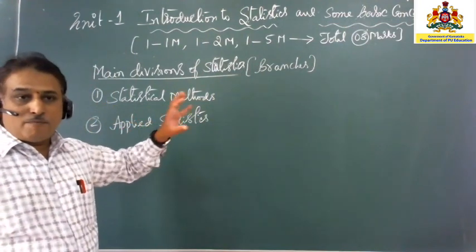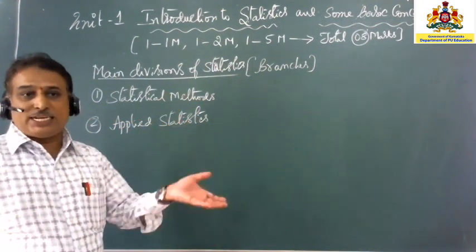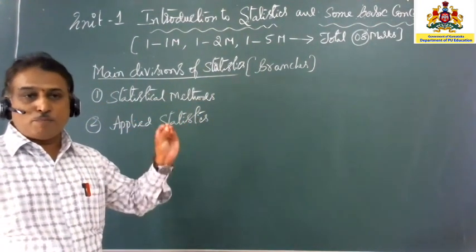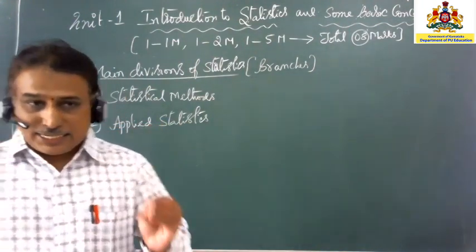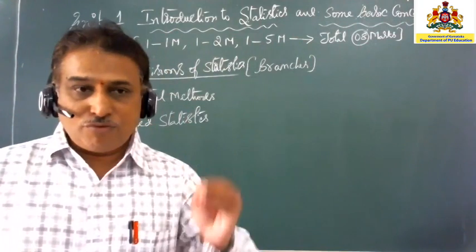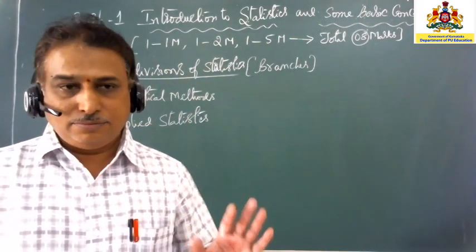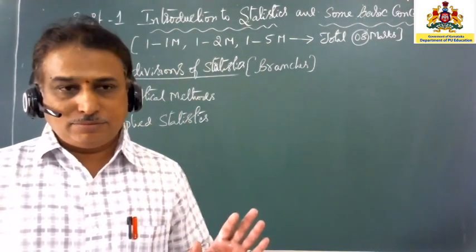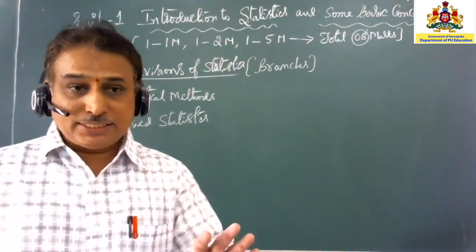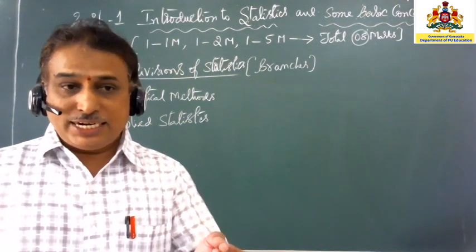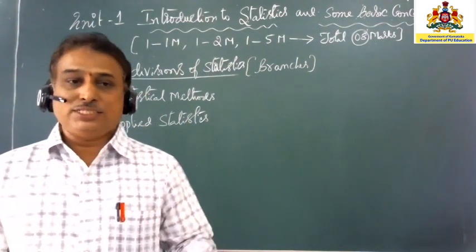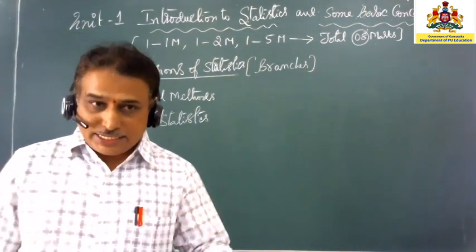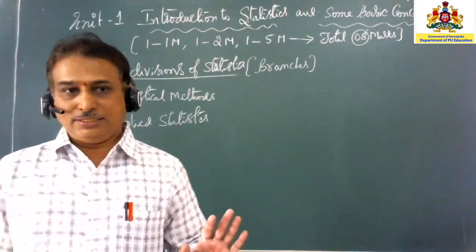Here, application of statistics in other subjects, for example, biometry. Application of statistical techniques in the field of biology. That means biostatistics. Econometrics. Application of statistical techniques in economics. Application of statistical techniques in engineering statistics.